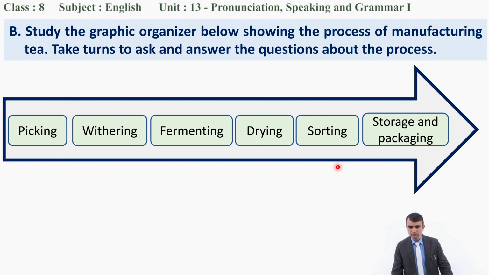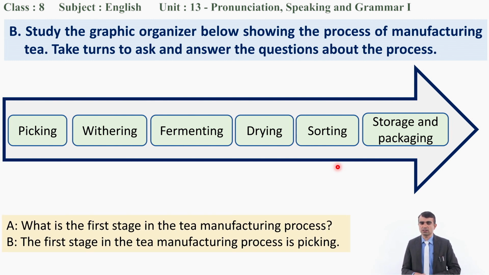Well, how can you ask a question now? For example, one can ask, what is the first stage in the tea manufacturing process? One can ask, and another person responds to it. This way, the first stage in the tea manufacturing process is picking.